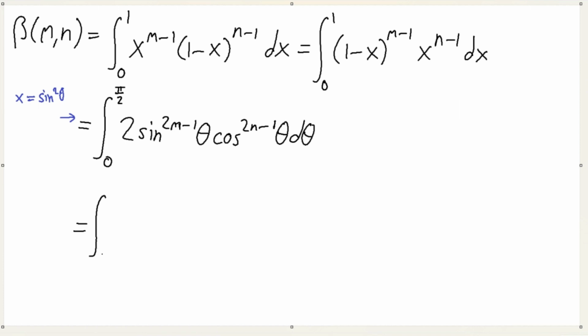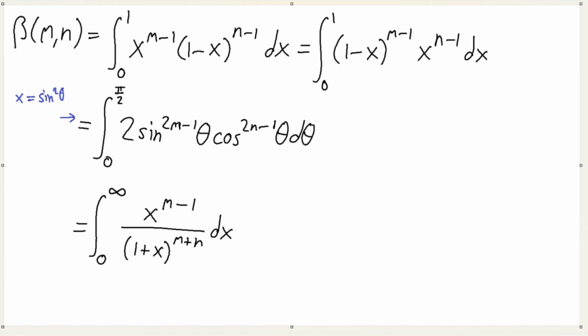The third form goes from 0 to infinity. From 0 to infinity, the beta function equals this integral where the top is x to the power of m minus 1, the bottom is 1 plus x to the power of m plus n, dx.